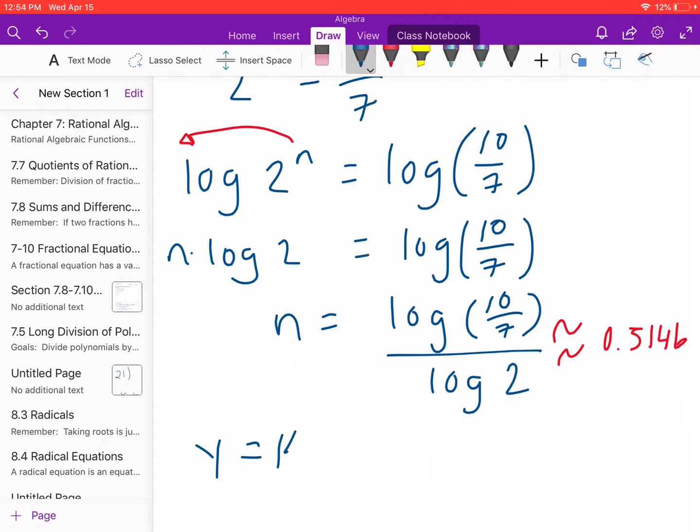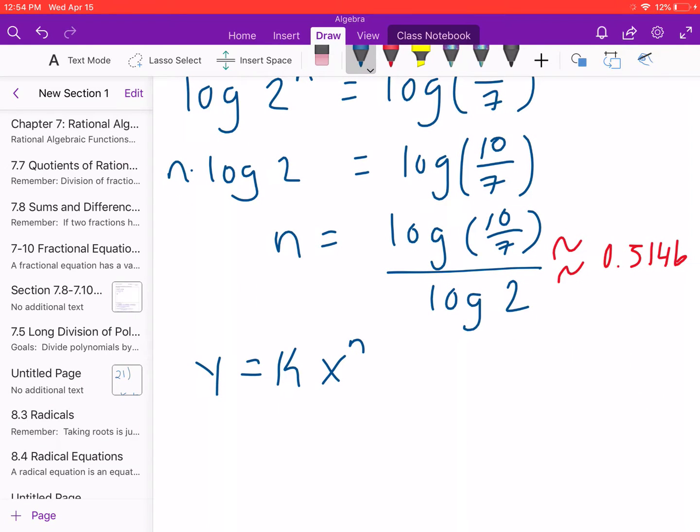So this value is approximately equal to 0.5146.